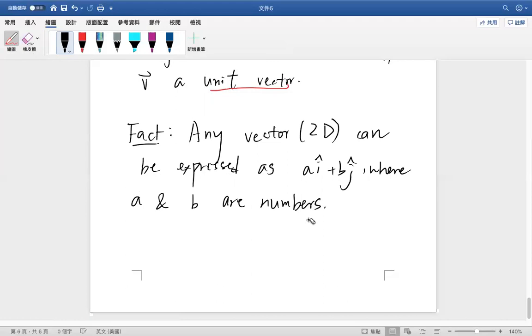Can you understand this result first? Yeah. Okay.